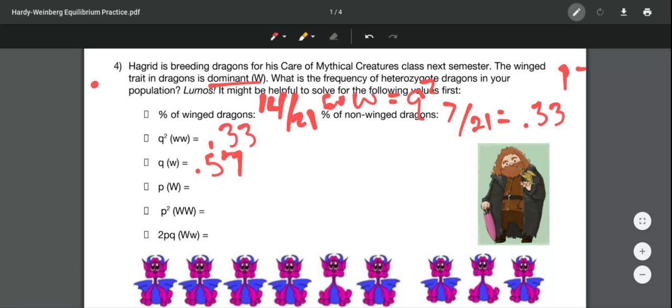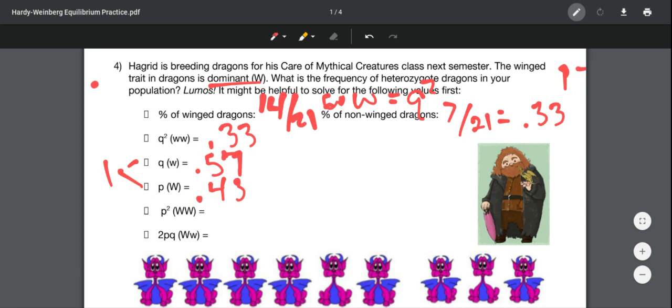Now, these answers are going to be slightly different when you calculate, based on where you're rounding. All right, so that means P plus Q equals 1. If Q is 0.57, then we know that P must be 0.43, because these two need to equal 1.